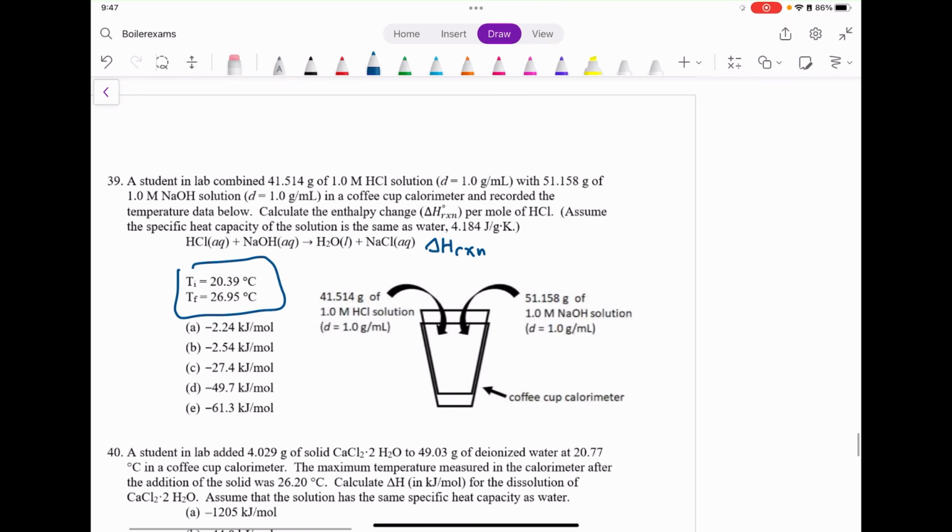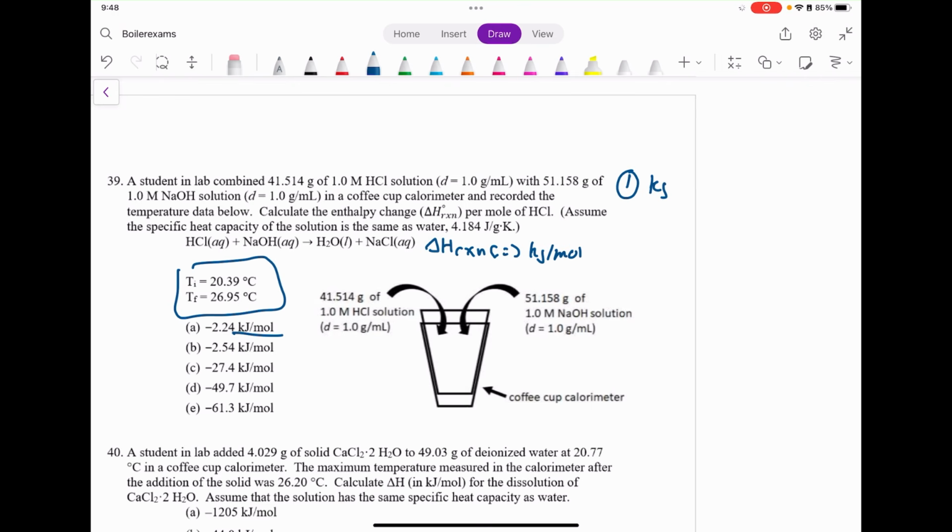Okay, so this is going to take two steps. We know delta H reaction is going to be in energy per mole. They want it in kilojoules per mole. So let's first solve the energy released of this example, and then find how many moles are reacting.